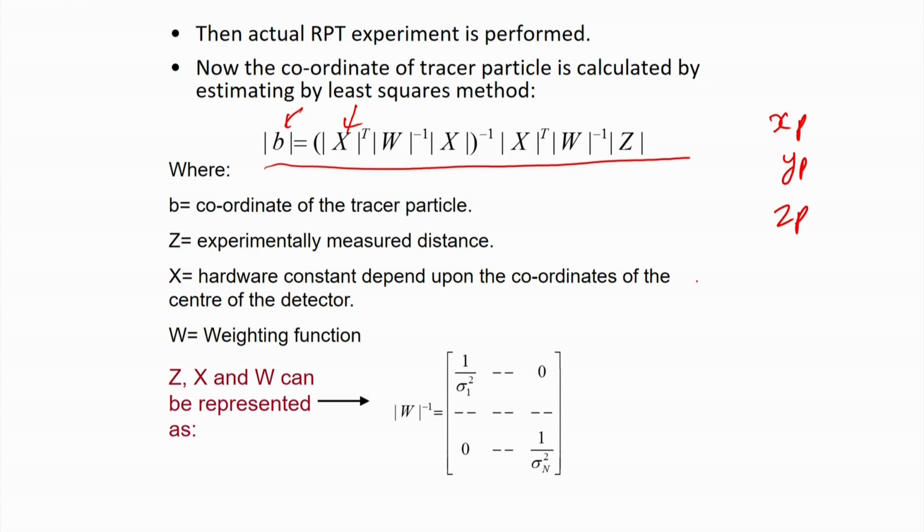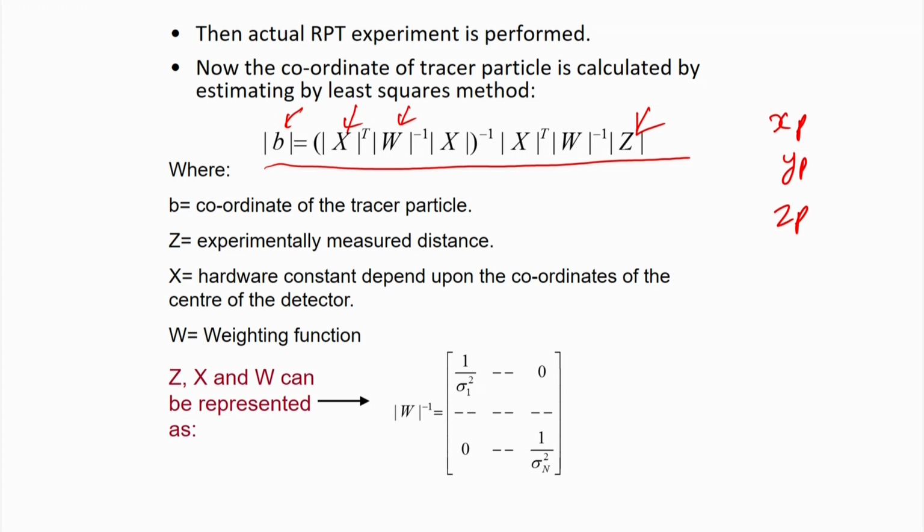So, x is the coordinate of the detectors, w is the weighting function, which we weigh with the counts recorded on the detectors. And z is nothing but the distance from the particle to the detector. That is what we need to find.